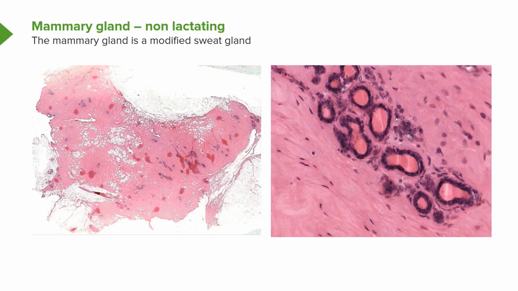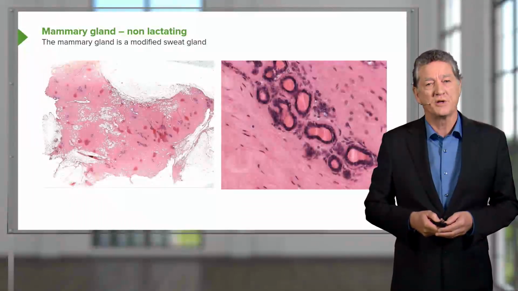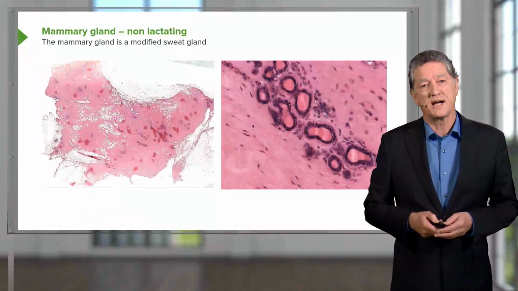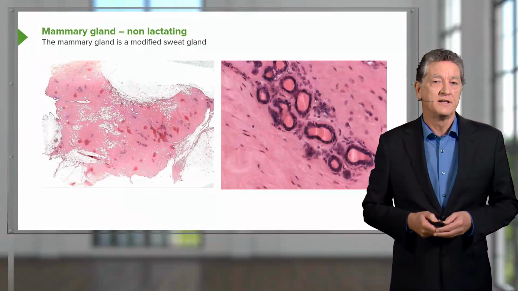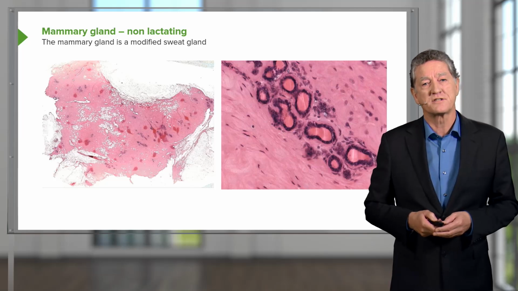Within those secretory units, there's an intralobular duct that carries the secretion product towards the nipple, where it joins the lactiferous duct. The milk is then secreted from that lactiferous duct. Just prior to the exit of the duct in the nipple, there is a little outpocketing called the lactiferous sinus.